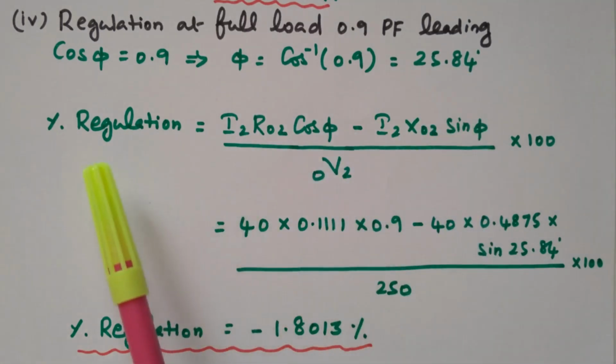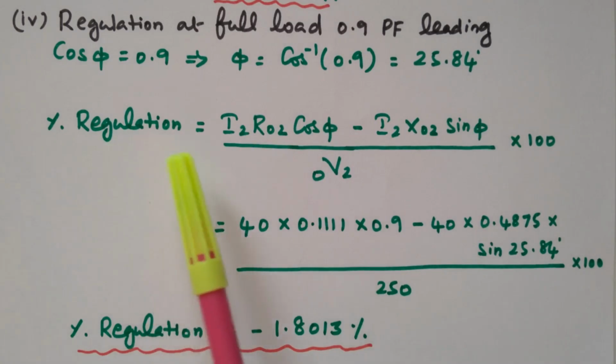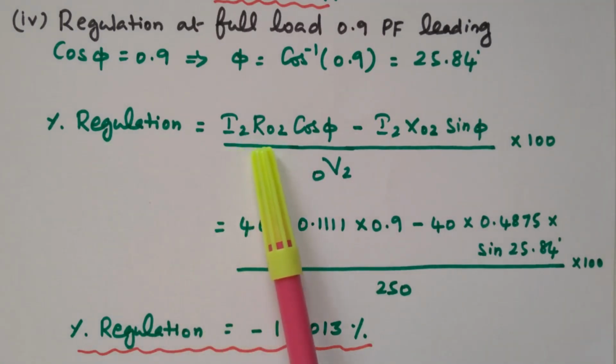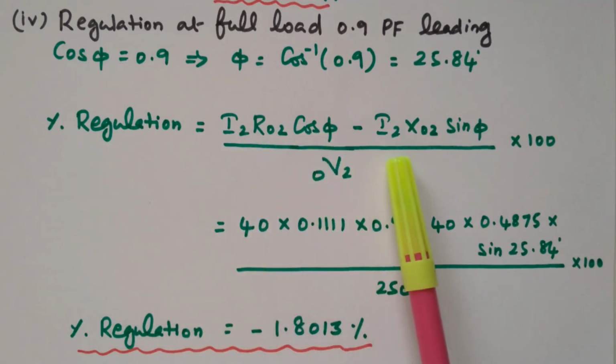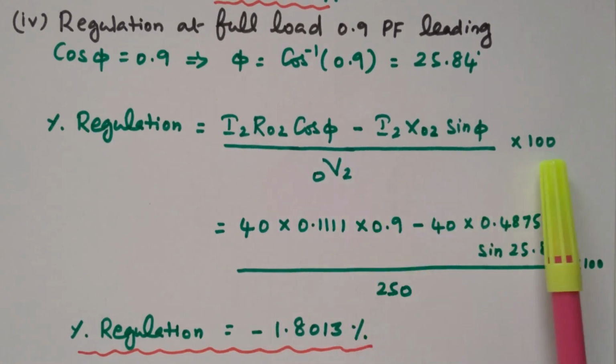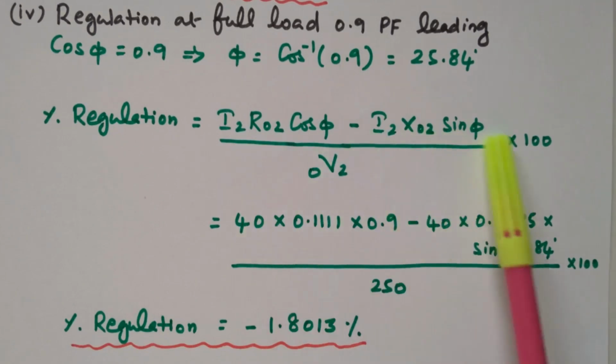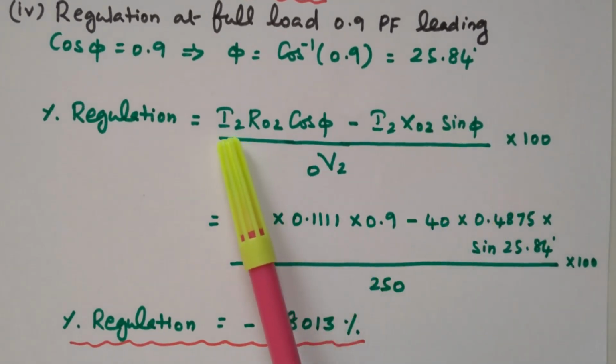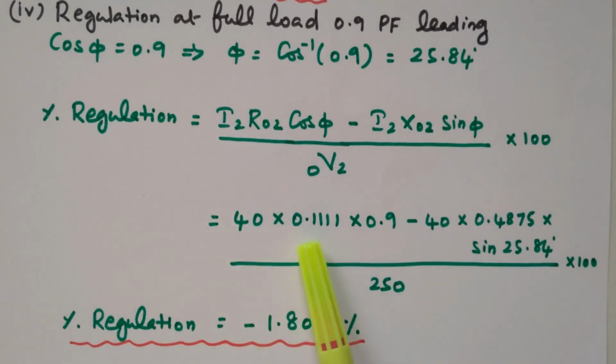The regulation formula is percentage of regulation equal to I2 R02 into cos phi minus I2 X02 sin phi, divided by no load voltage, into 100. All these values are available. I2 is the secondary current, 40, into R02, already calculated, 0.111.